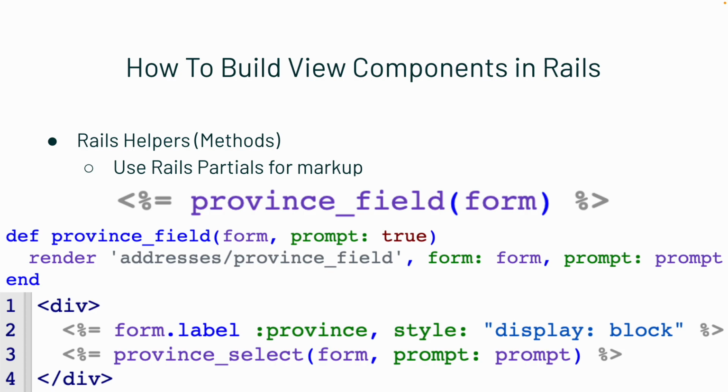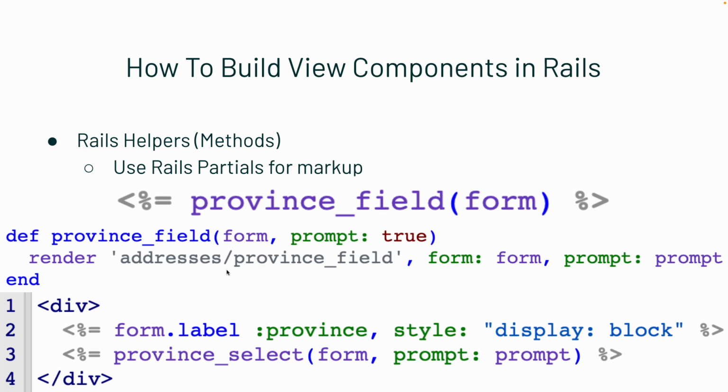A field not only shows the select box, it also shows you the label in front of it. So now this will include everything: the div, the label, and the select box. We went a level of abstraction higher, so now this automated more code. That means I'm going to have to write less code in the future if I need to use a province field. And that's by combining partials with helpers.